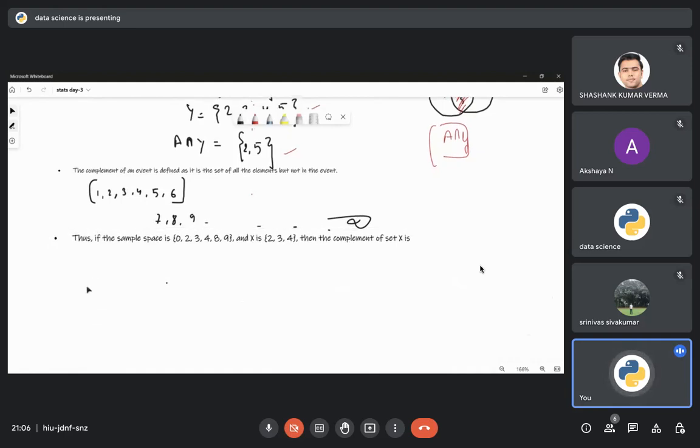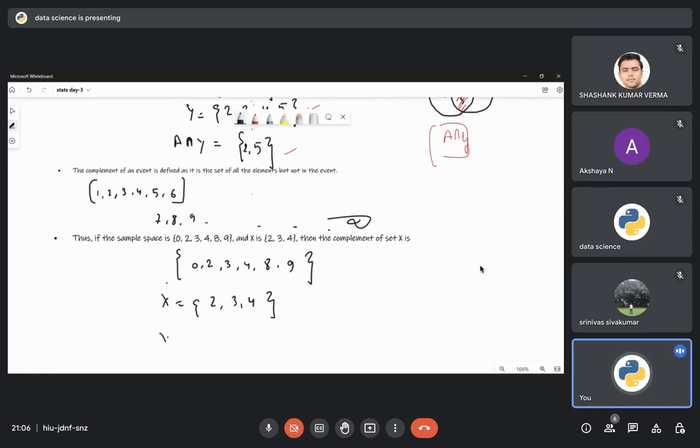So let's suppose a sample space 0, 2, 3, 4, 8, 9 and x is 2, 4, 6. Then the complement of x is what? So what I was trying to say, this is 0, 2, 3, 4, 8, 9 and we have x equal to 2, 3, 4.